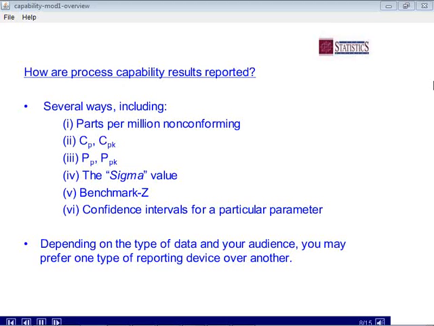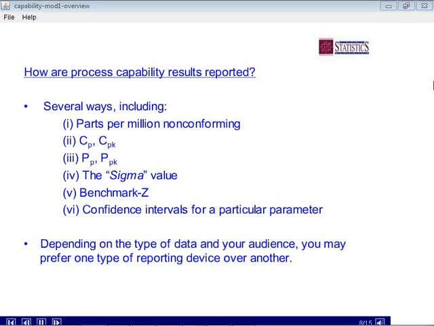The crucial thing is that depending upon the type of data and who it is that you're going to be reporting these capability results to, you may prefer one type of reporting device over another. Let's say, for example, if the audience is relatively familiar with the Six Sigma methodology, then you may want to just report this sigma capability estimate.